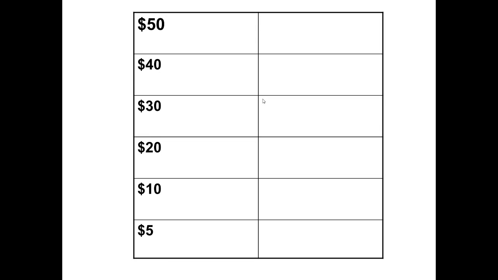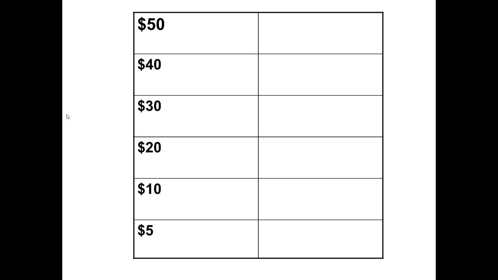On your paper, go ahead and fill in a mock demand schedule. Your paper says for video games, but you can make this a demand schedule for anything. So pick something that's roughly about $40 or $30 and make a demand schedule.